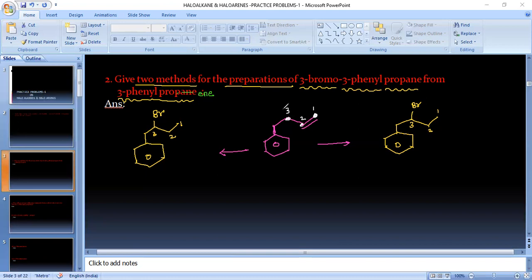That means addition of HX. That's it. Addition of what? HX. So here what X are we taking here? Bromine. So simply, what type of reagent is used here? HBr. That's it. Then we will get this compound. Okay. So whenever the halogen atom is attached over here, the double bond is converted to single bond.